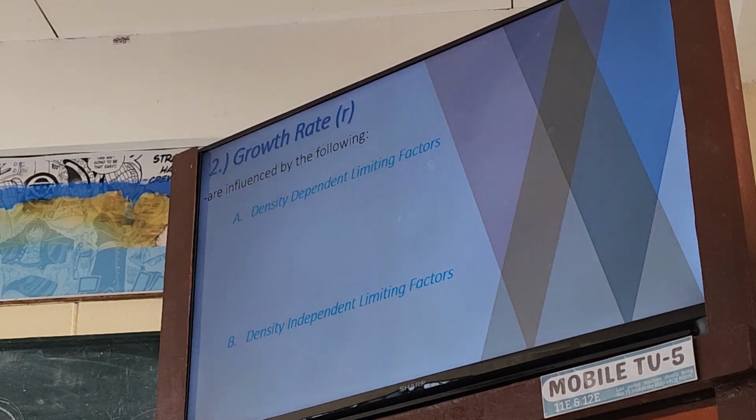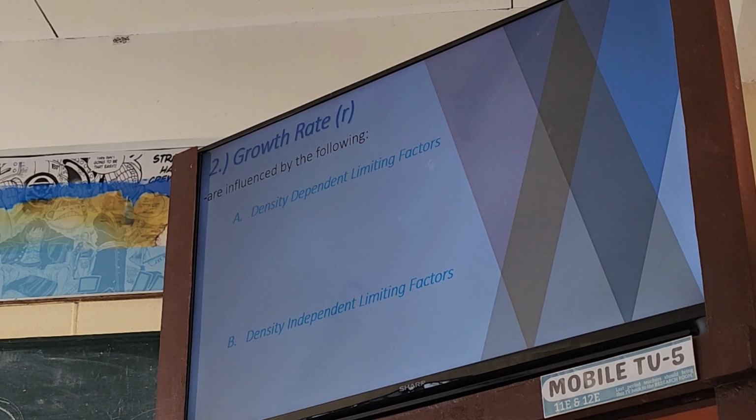For example, prey and predator relationship, presence or absence of a mate, number of a mate, all of these are related to the day-to-day or living standards of the organism. So those are biotic factors, living. Abiotic, non-living. So you're talking about characteristics of the environment where the organism is found thriving in.